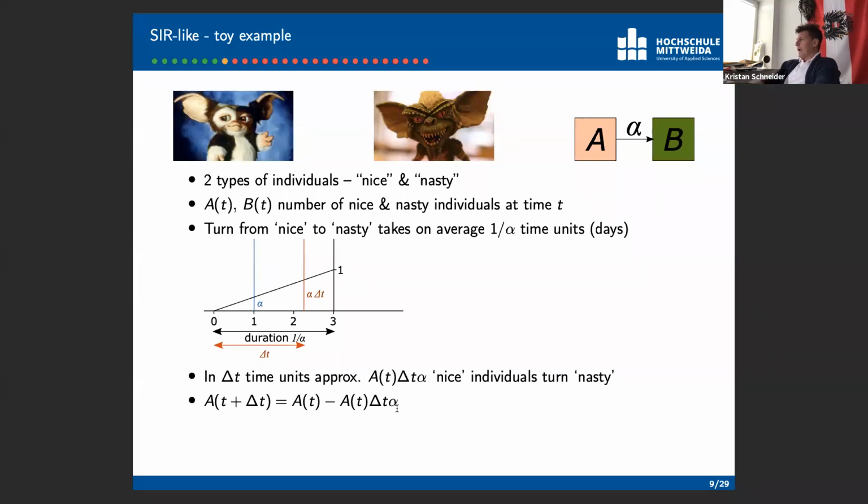And the same for the nasty individuals: how does their number change? In delta t time units, they change by having their old number plus the number of nice individuals that become nasty. Here we have a little typo.